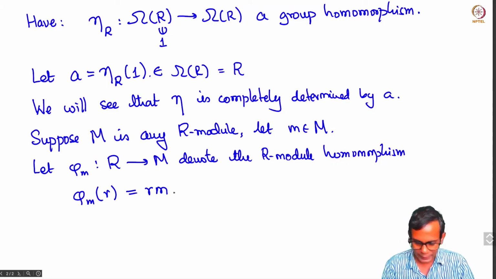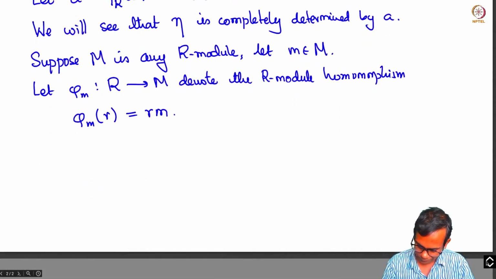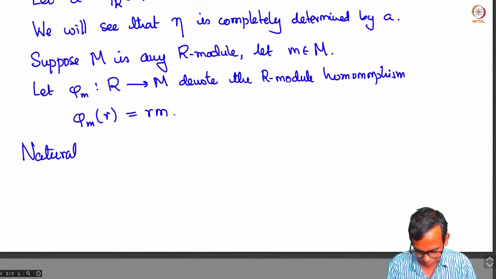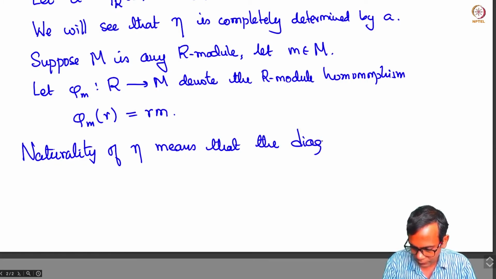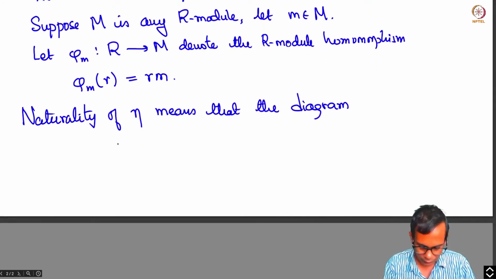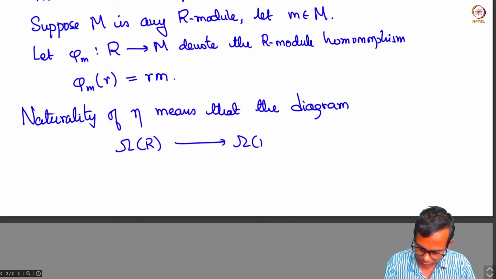And now let's apply naturality to this phi M. Naturality of eta means that the diagram involving eta R and eta M commutes. So we have omega R to omega R, with eta R here.